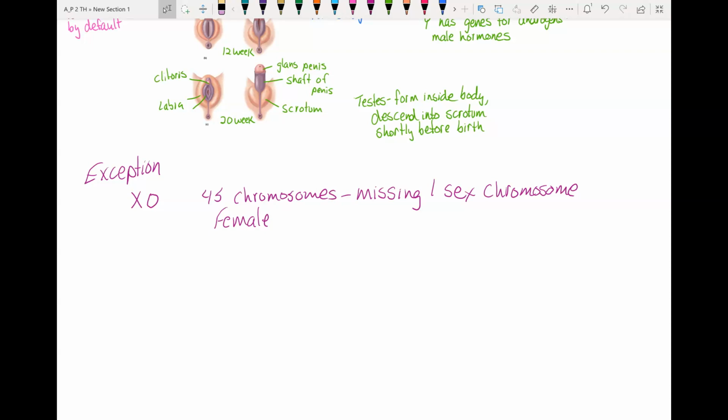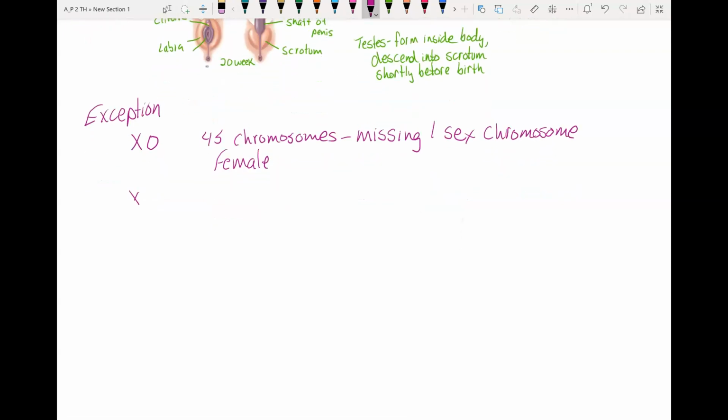Now, having said that, there's another exception. There are XY females. The way this can occur is androgen insensitivity. Hormones work by binding to receptors on cells. So you have a cell, and a cell has a receptor.